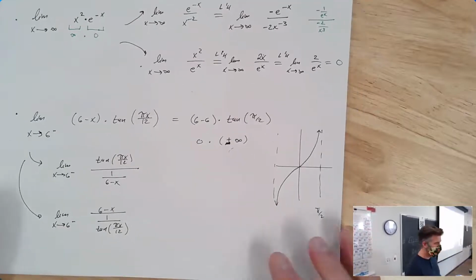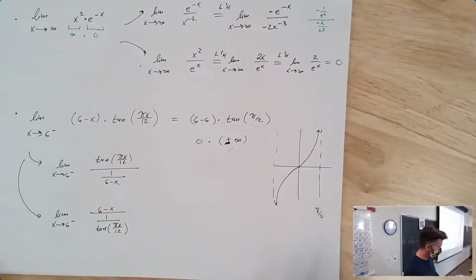And the question that usually kind of decides which way to go is, which denominator is easier to differentiate? Is it easier to differentiate 1 over 6 minus x? Or is it easier to differentiate 1 over tangent of pi x over 12? And it's not always clear. Without really thinking about it, you might say the first one's easier.